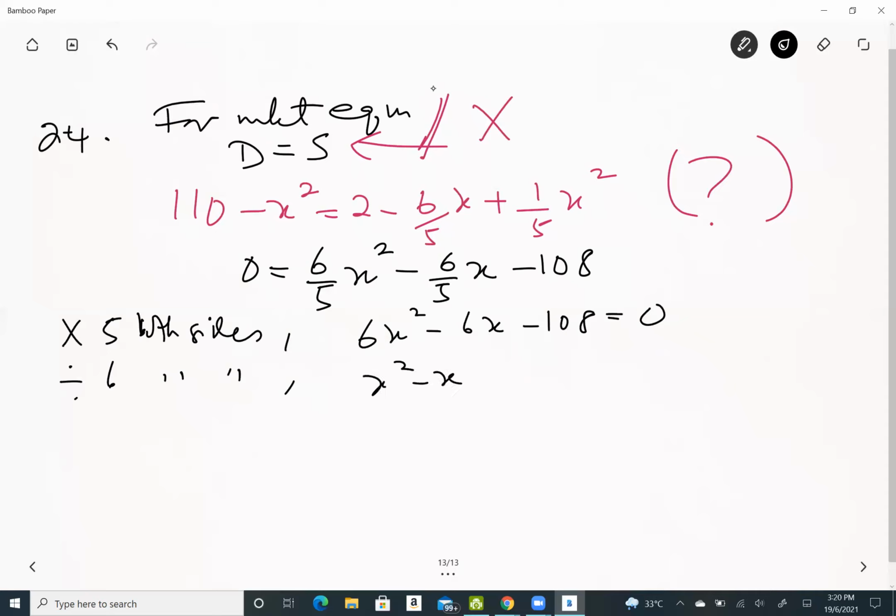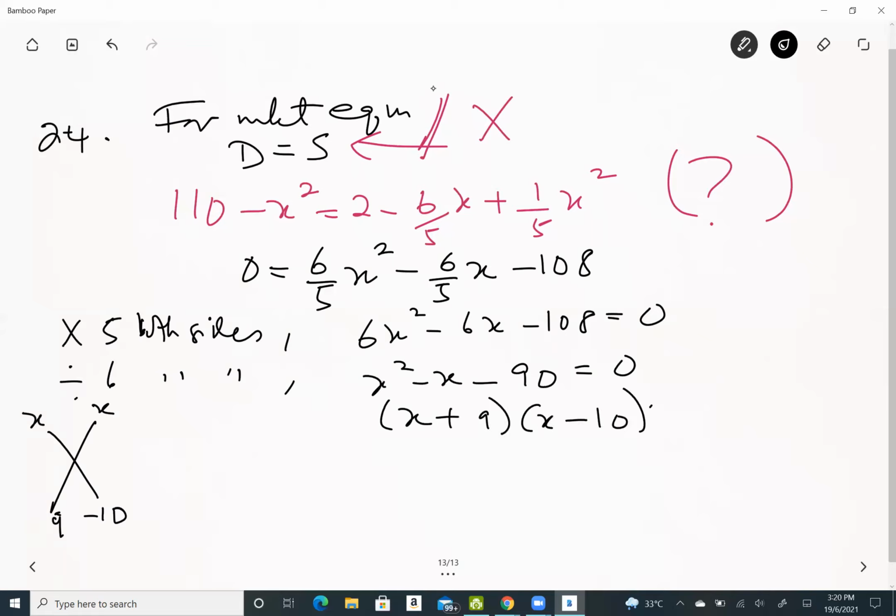We'll get x squared minus x minus 90. Now here, either you use the cross method, so you'll get x here, x, and then you got 9 and negative 10, so you got x plus 9, x minus 10.